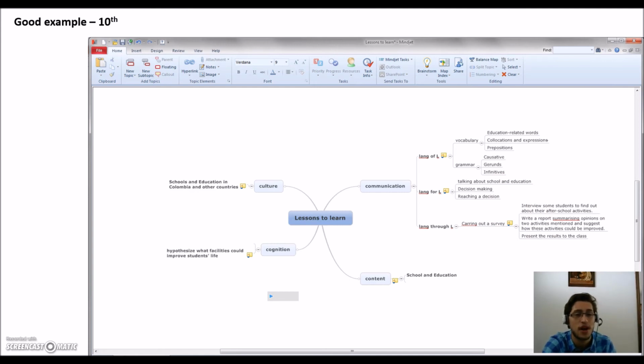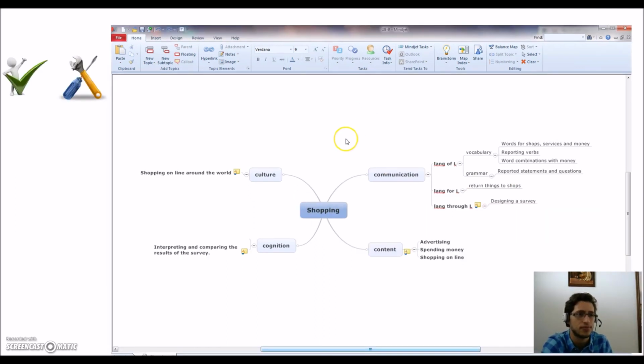We really focused on how accurately you placed the different elements in the 4 C's. So we want to see that culture is very cultural, that cognition is very cognitive, that communication is very communicative, and that content is very content-based. Yeah? So every C needs to be clearly defined. And last but not least, another example is this one.